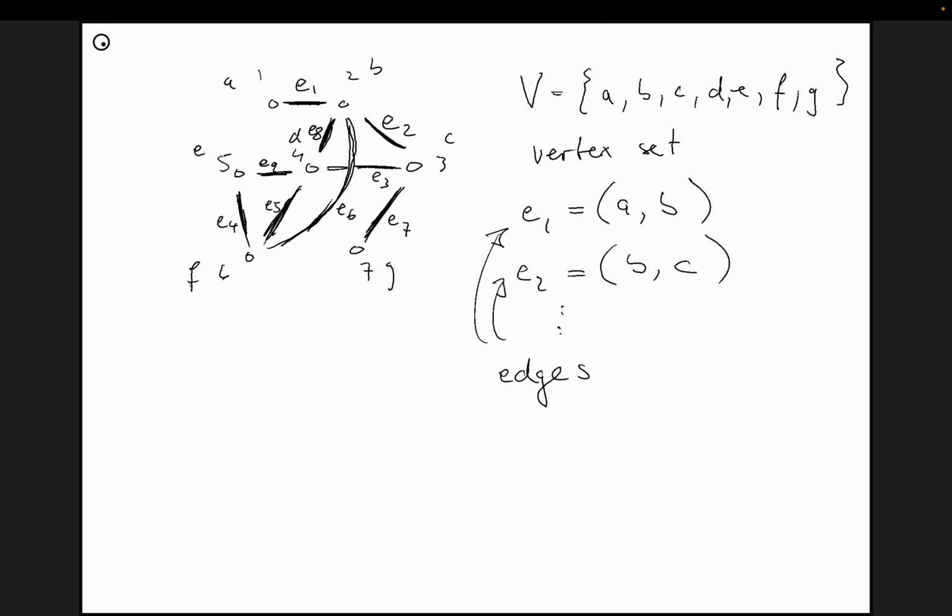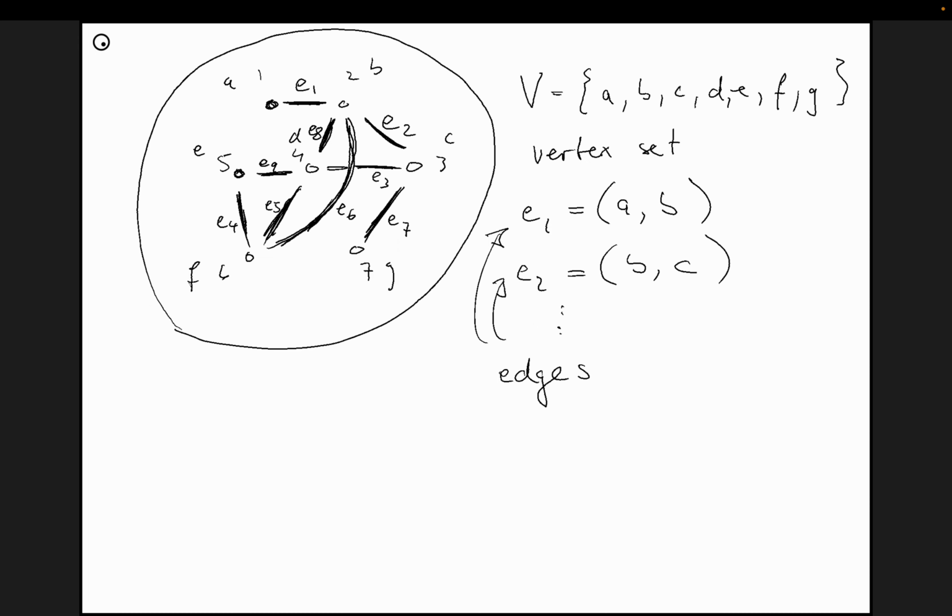This right here is a diagram of a graph. This is how we draw graphs. So vertices are points, little circles in the plane, and edges are mostly straight lines, but you can also have curved lines like that. And now, what is a graph?